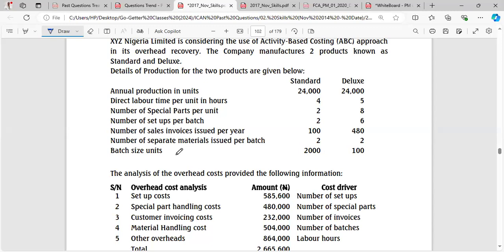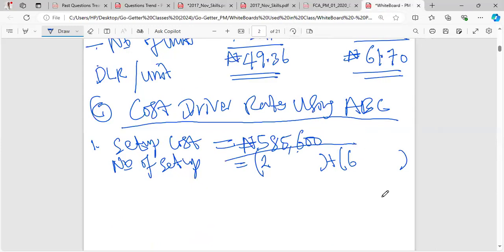This is like a crate of eggs, or a crate of Coca-Cola, which could be 24. That means one batch size unit is 24 drinks. Now, for you to get the batch size, let's do a little work in here.